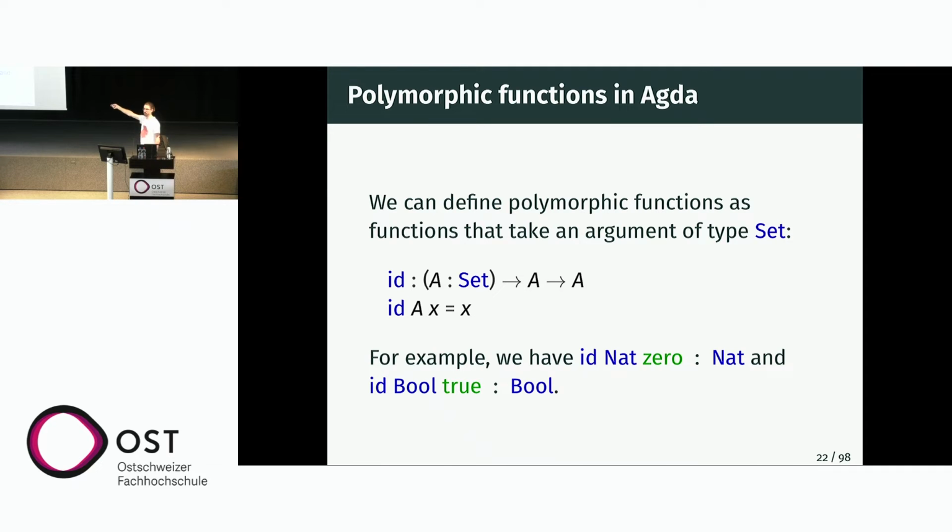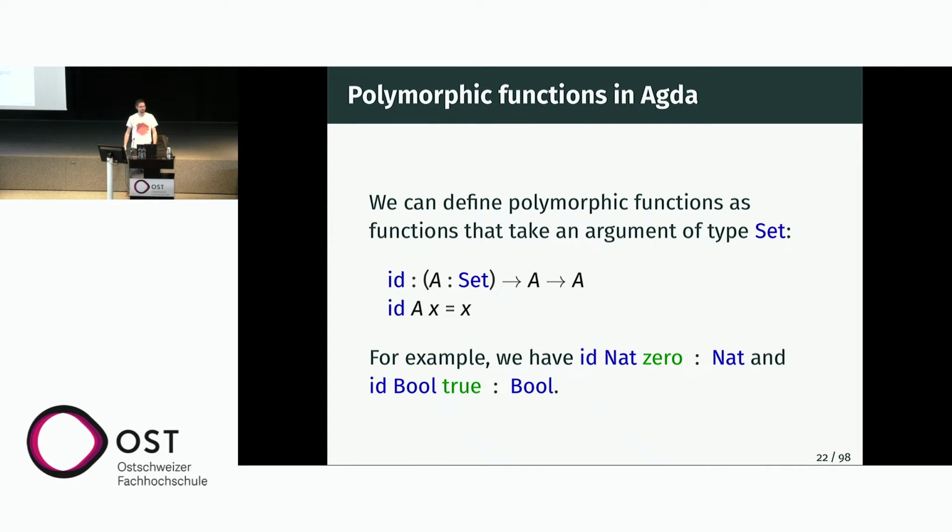For example, if we want to define the identity function polymorphically, we define a function that takes a type A as argument, and then an argument of type A and returns a value of type A. The function ignores the first argument, which is just there for typing, and returns the second one. Then we can apply it to not to get the identity function at not, or to bool to get the identity function at bool.